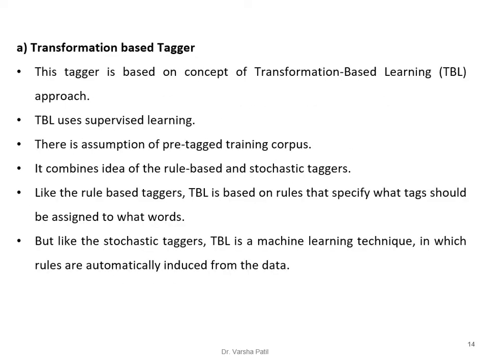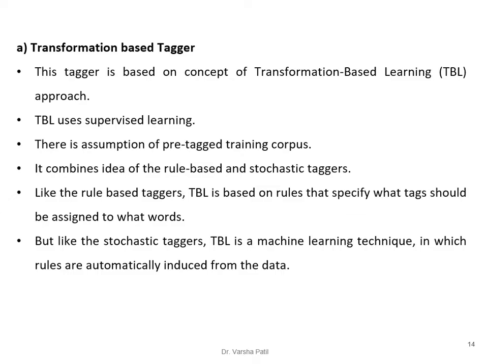Transformation based tagger. This tagger is based on the concept of the transformation based learning approach. So the TBL learning approach is used. TBL uses supervised learning. That's why there is a need to use a training data set. There is an assumption of a pre-tagged training corpus. It combines the ideas of the rule-based tagger and stochastic taggers.